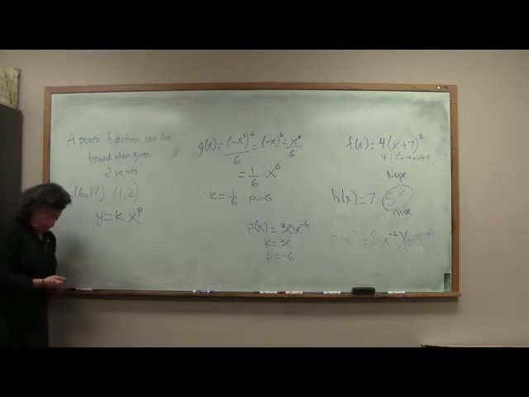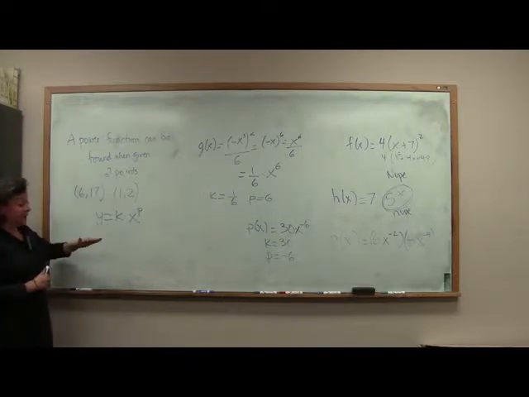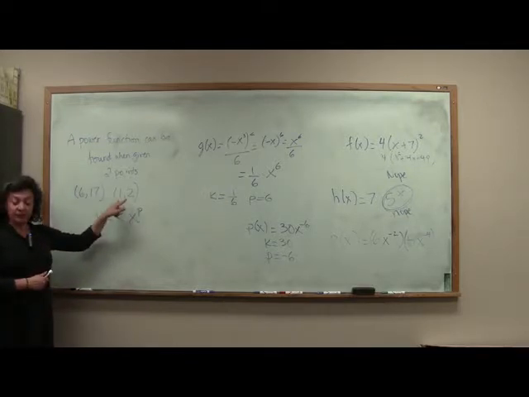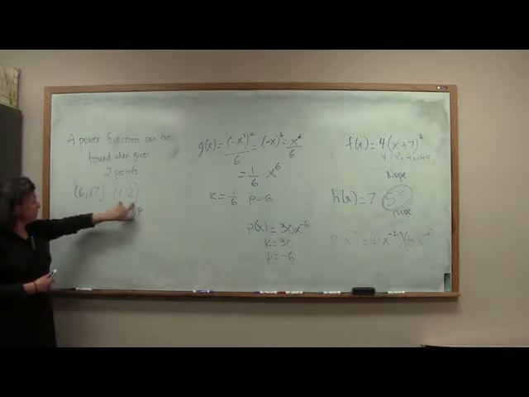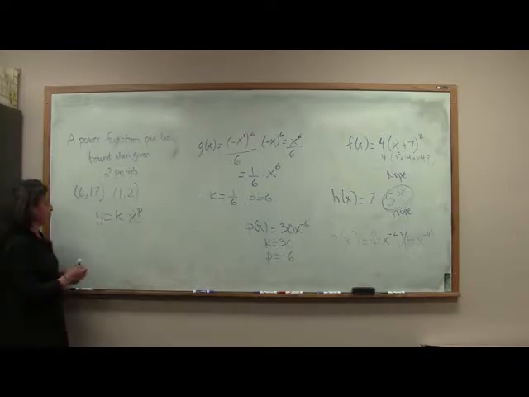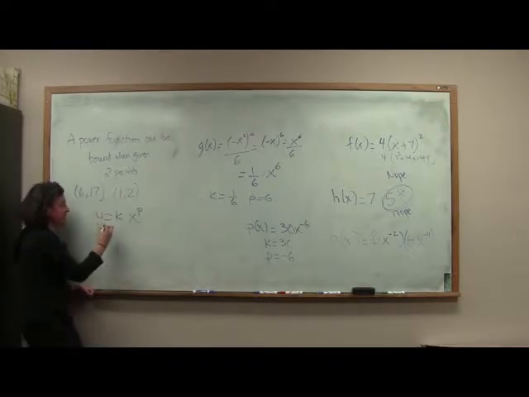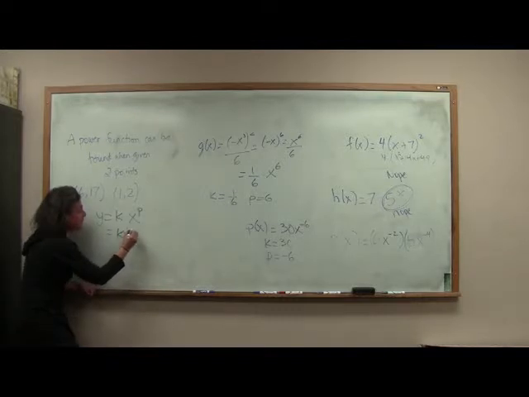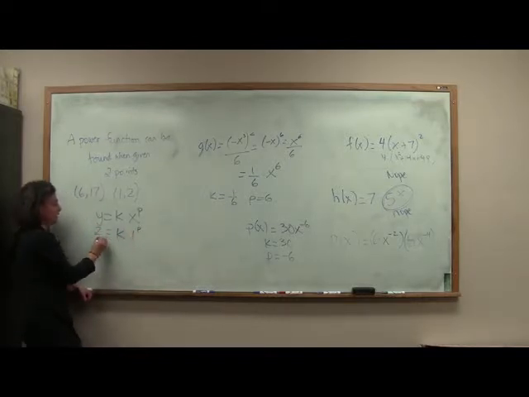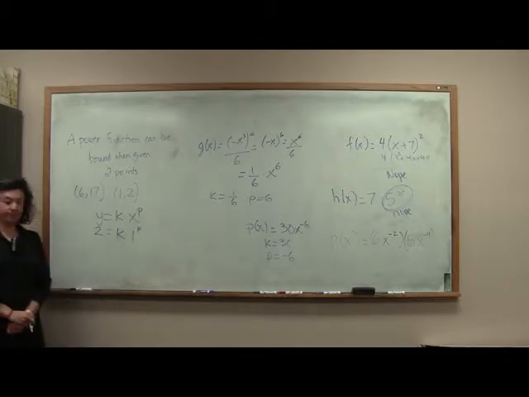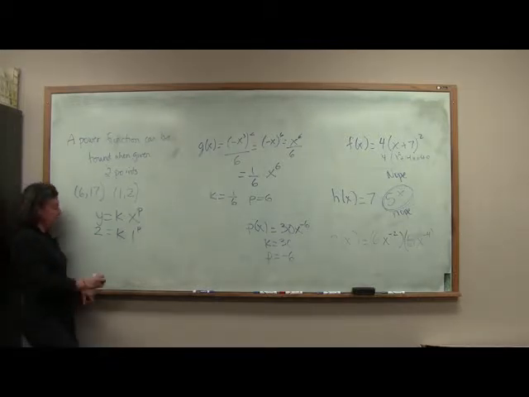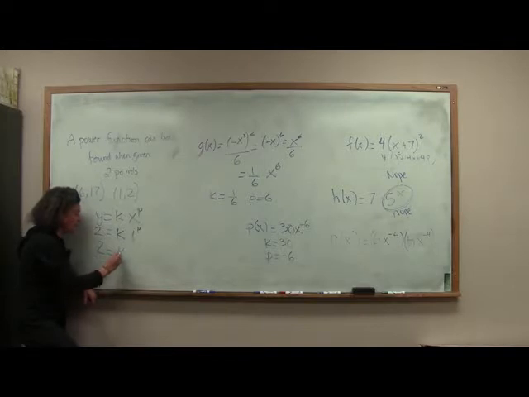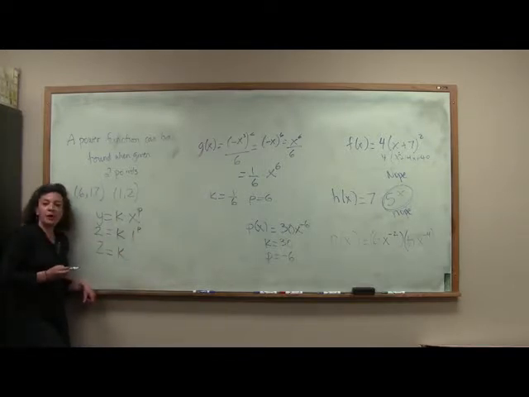Now, how do we do this? Well, again, what I'm going to do is notice that I was given a really nice ordered pair. I'm going to plug that in and show you why it is just so nice. Do you agree this says, hey, when x is equal to 1, y is equal to 2? Okay, why is this so nice? Well, what is 1 raised to any power?